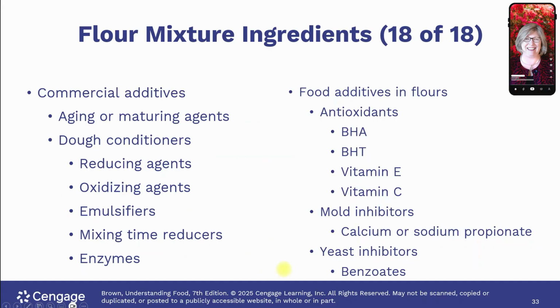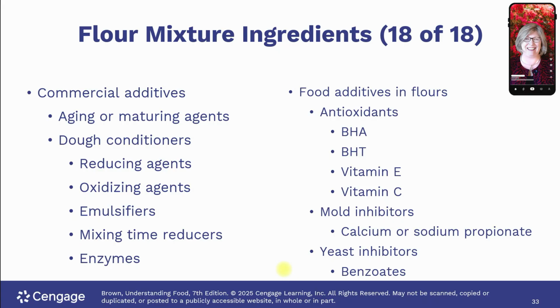And finally, we have commercial additives in baked products and in flours. You have aging or maturing agents, dough conditioners, reducing agents, oxidizing agents, emulsifiers, mixing time reducers, and enzymes.